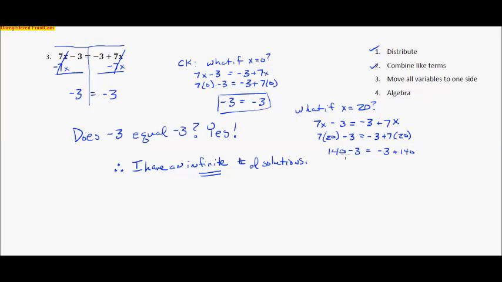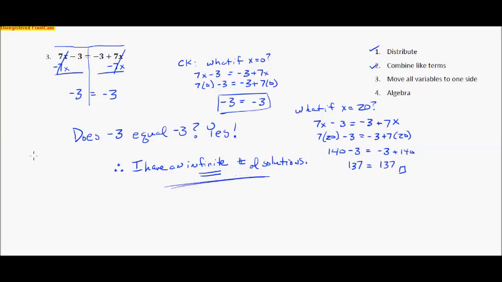If I take 140 and take away 3, I get 137. If I start with a negative 3 and add 140, even if you have to use your calculator for that, you still get 137. So again, the equation works. This is what I'm saying: any number will work for that equation.